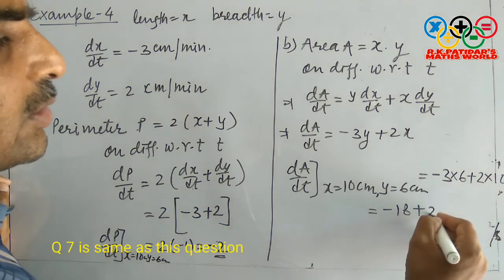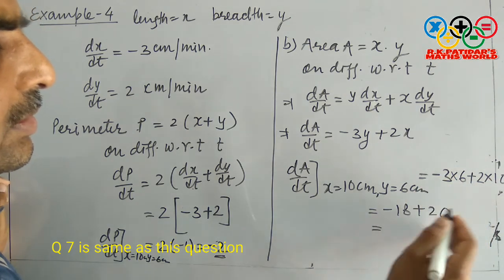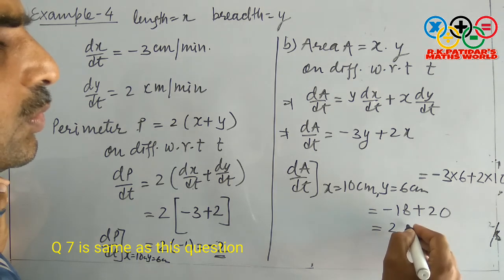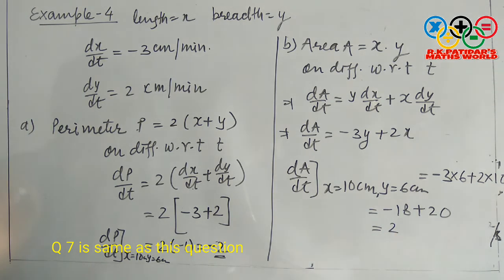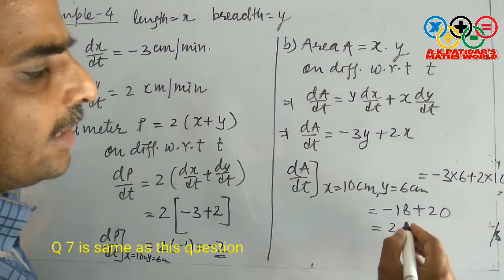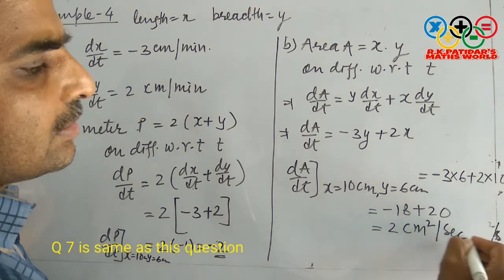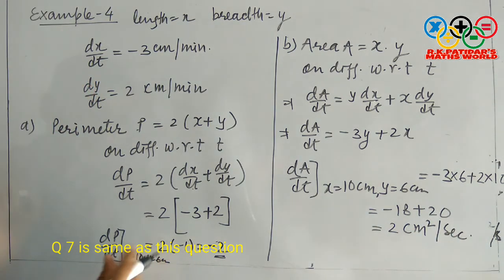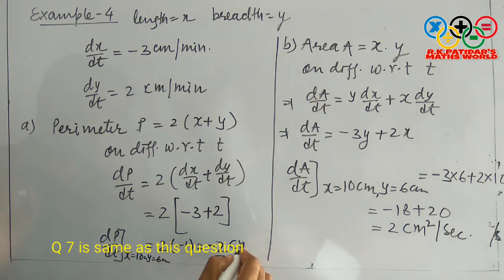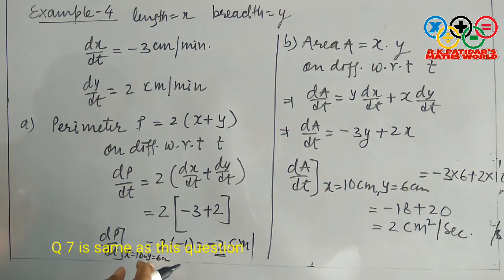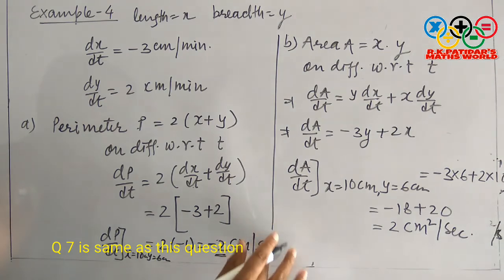So it is -3 times 6 is -18 plus 2 times 10 is 20. This is 2. Now the unit: area per time. So area is centimeter square, time is second. Here also the unit is what? Perimeter per time. Perimeter is centimeter, and the unit of time is second.